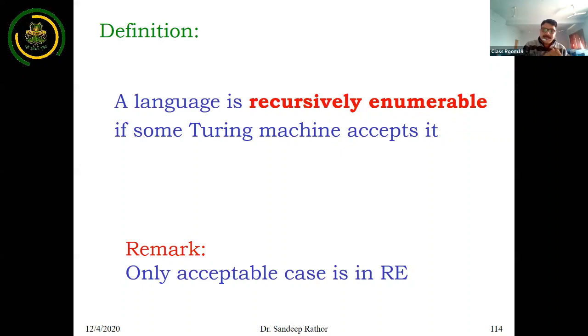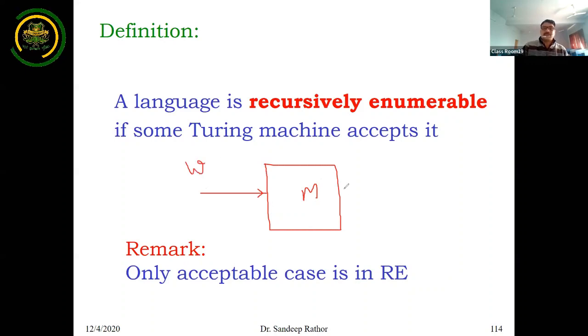So with the help of the diagram, let us see, similar to the recursive. Just see here, this is the supposed Turing machine, and this is the W, the string passed to the Turing machine. It may give the answer in the form of accept, maybe in the form of reject, or plus loop forever. So this is the simple situation in case of recursively enumerable: loop forever.